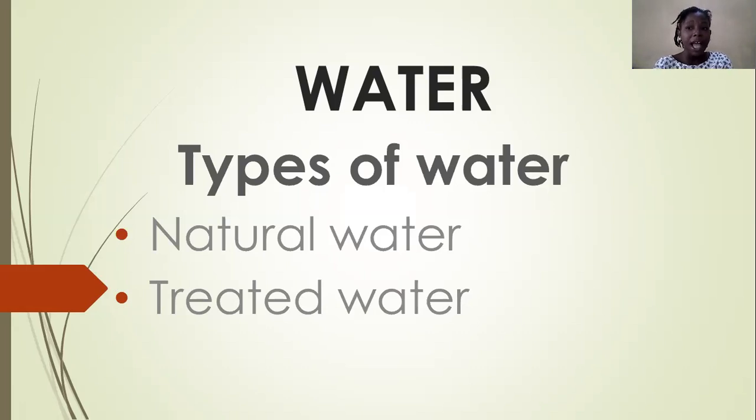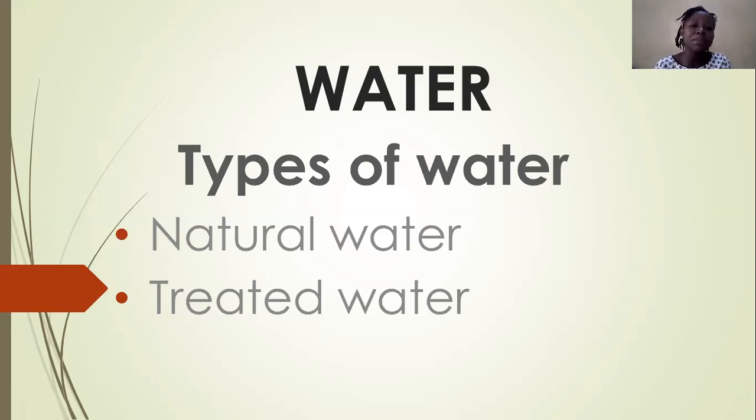Now, I need to mention here that the purest form of natural water is rainwater. When rain falls to us, it is the purest form of water because rainwater is actually formed as a result of evaporation of water from the sea, from the ocean. The water evaporates and goes into the atmosphere.